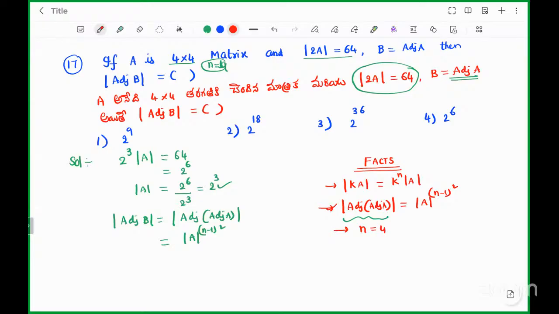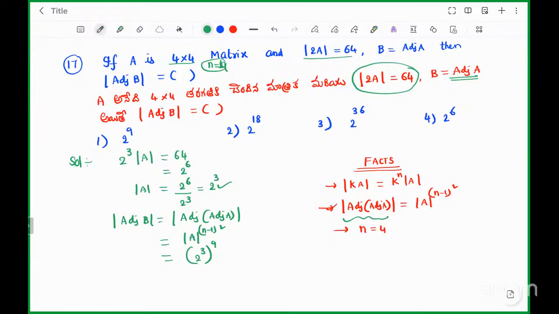Order is 4. So let us substitute. This is 2 cube, 4 minus 1 whole square, 3 square, 9. One minute, let me check the answers. I got 2 square now, 64. Yes.